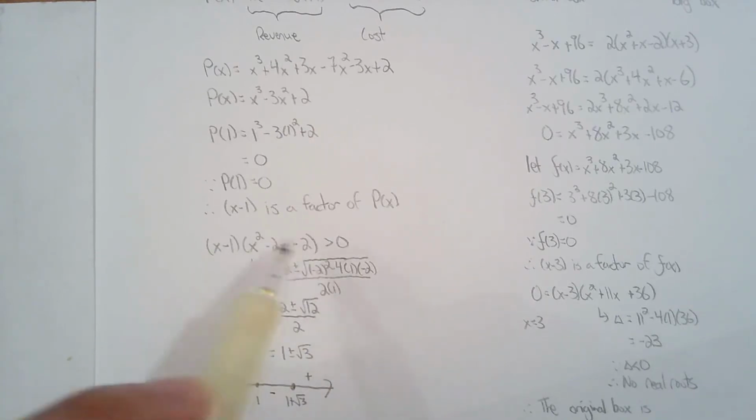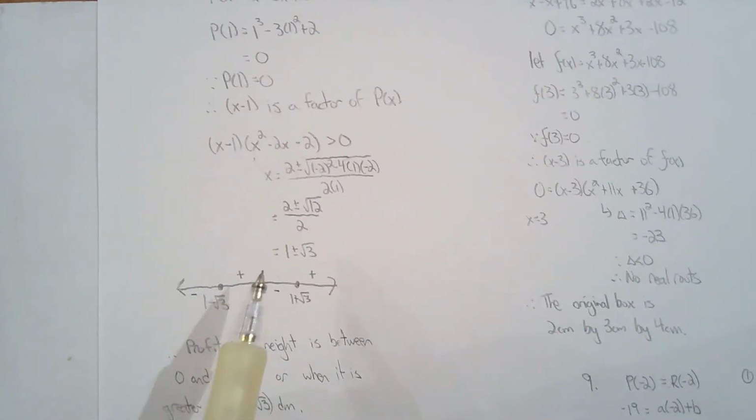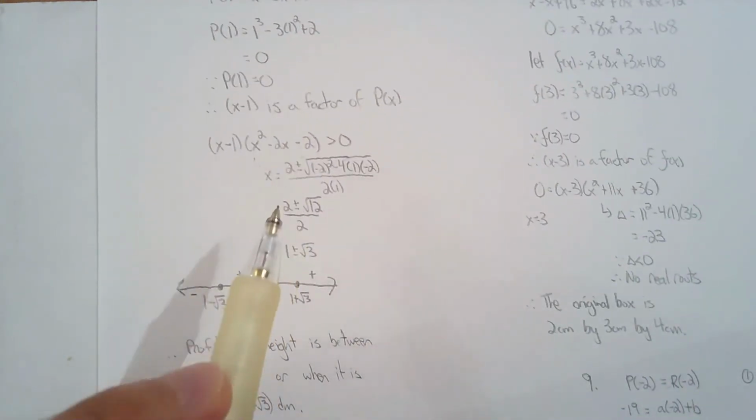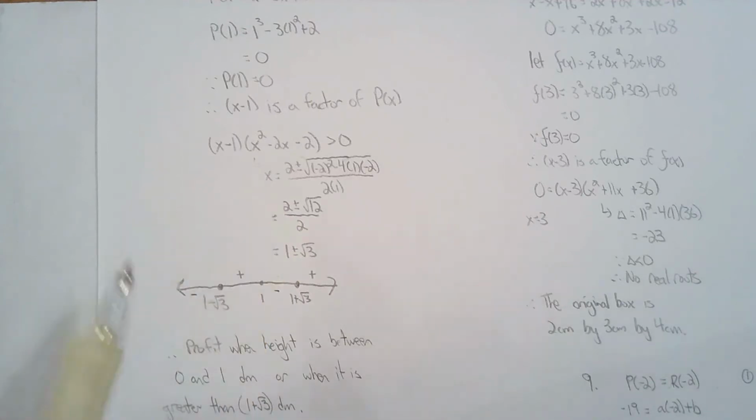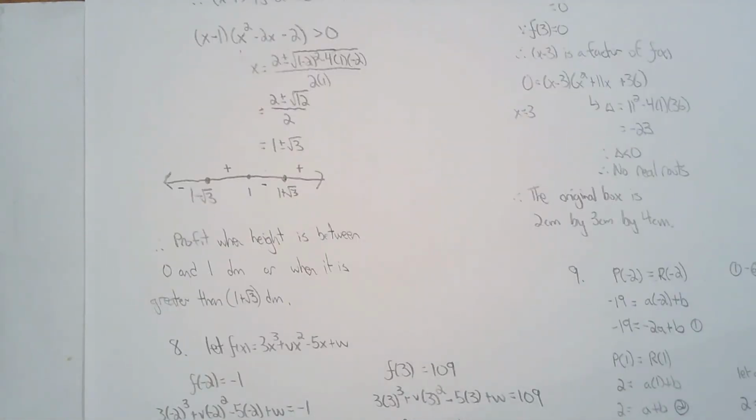So this quadratic factor also gives me 2 real zeros, but I had to find them using the quadratic formula. So I have 3 real zeros. I use those real zeros as points to help me create intervals on the number line, and then using the number line, I can see exactly when I'm going to make a profit.